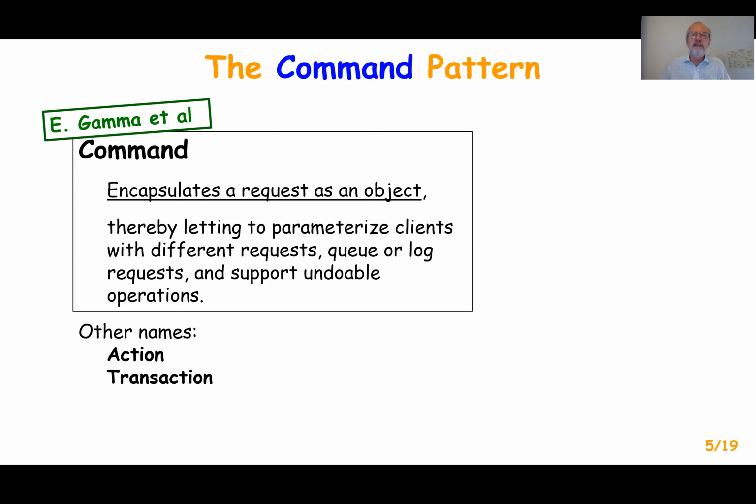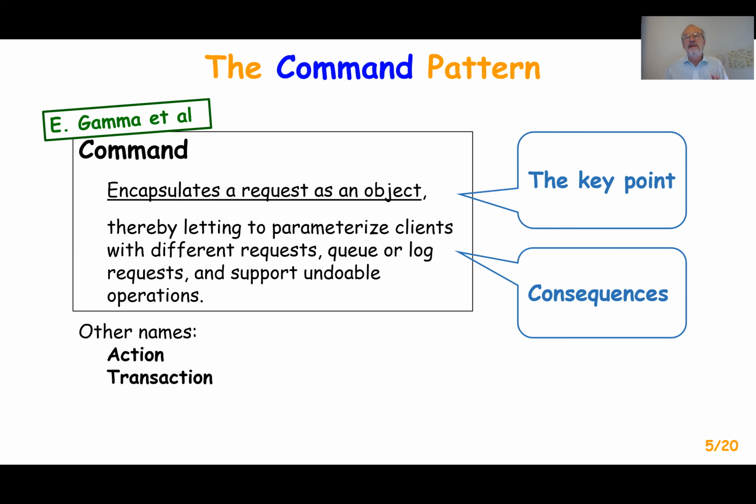If we encapsulate a request from a client as an object, we have some advantages. We can parameterize clients with different requests, we can make queues out of requests, and we are able to add some additional useful functionality to our design.